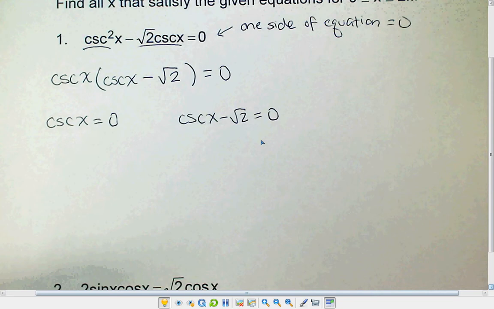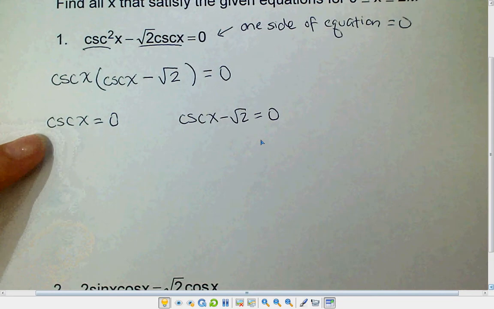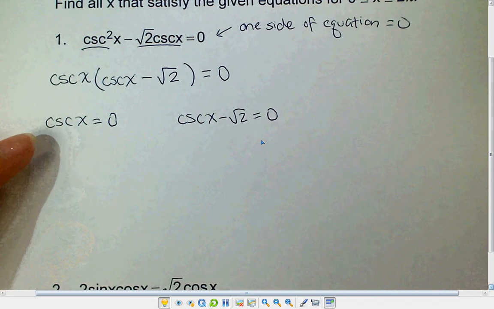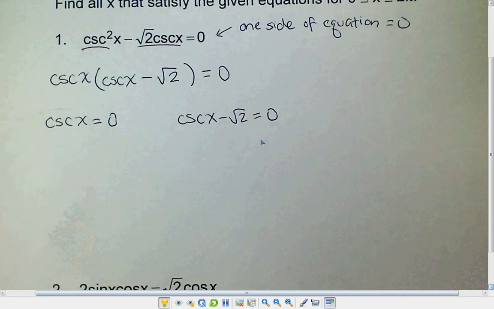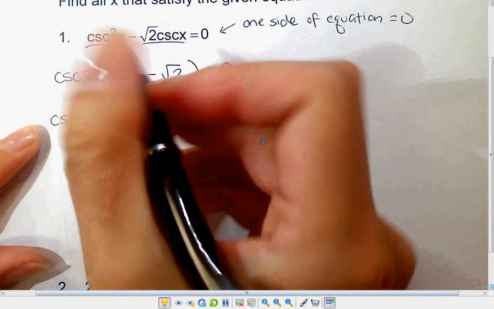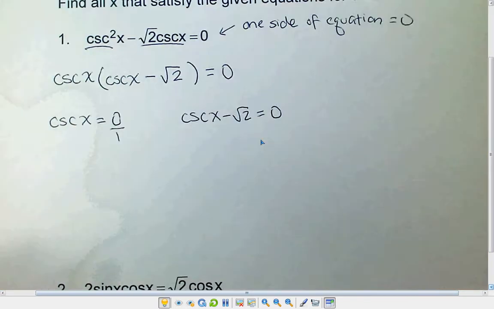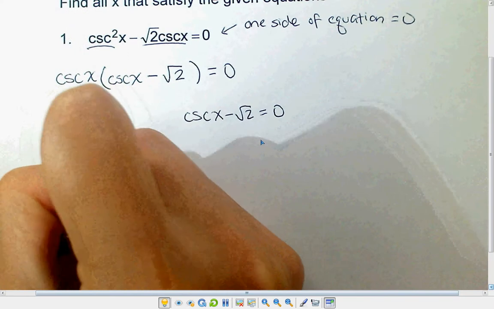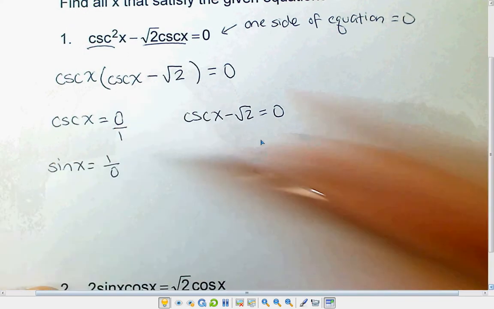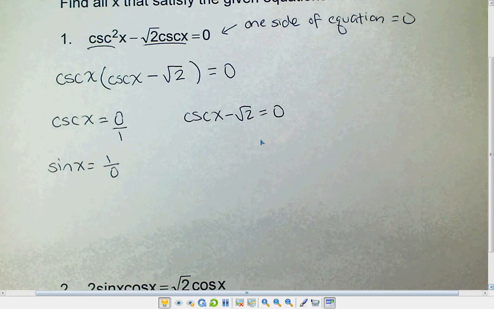Whenever we have a reciprocal like cosecant, we know that we're going to have to flip this to turn it into sine. Right now cosecant is 0 over 1. To flip it, this is going to turn into 1 over 0, which is undefined.